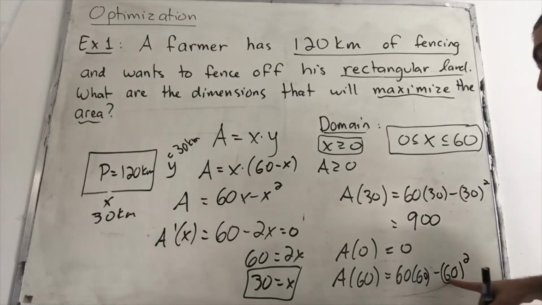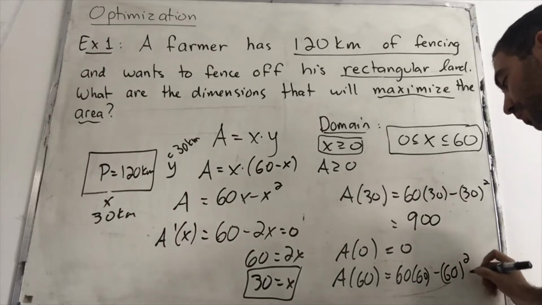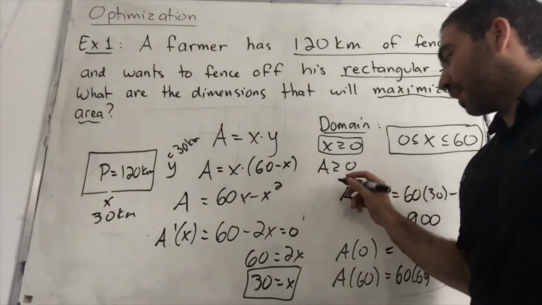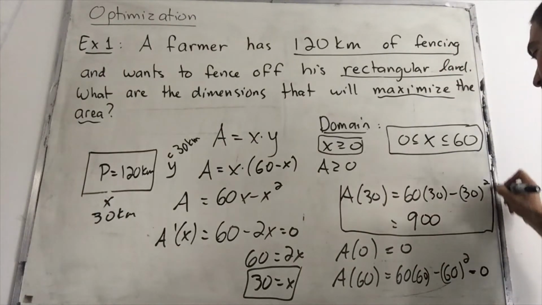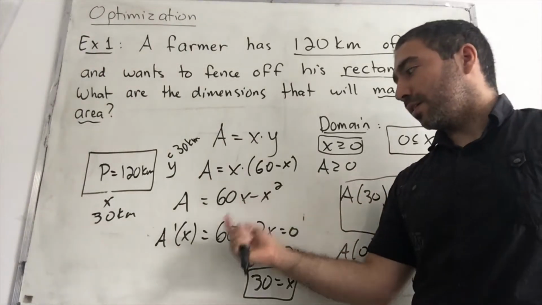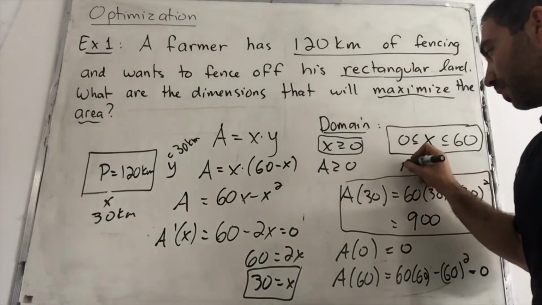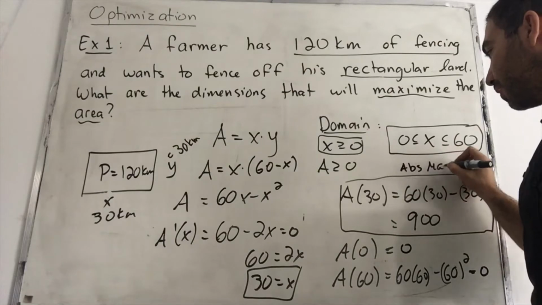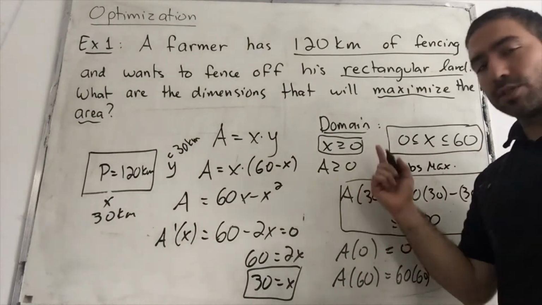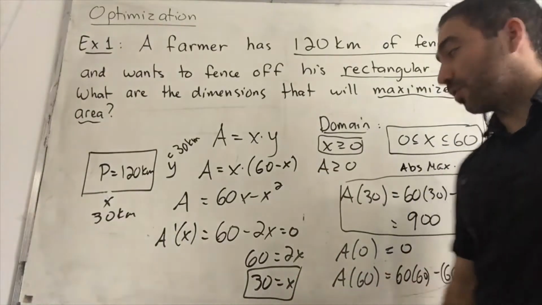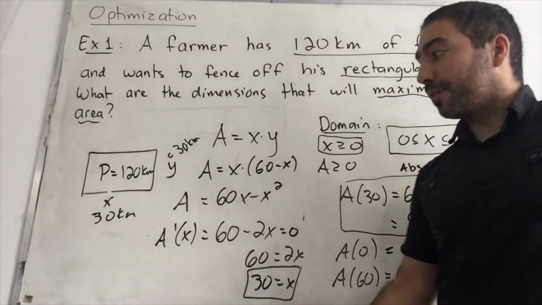So 60 times 60 is equal to 60 squared. It's the same thing, so this is just 0. So we do in fact have a maximum value, because we checked the critical point and we checked the endpoints, so this is an absolute max. This is one way of doing it, where we applied the closed interval method or the extreme value theorem.